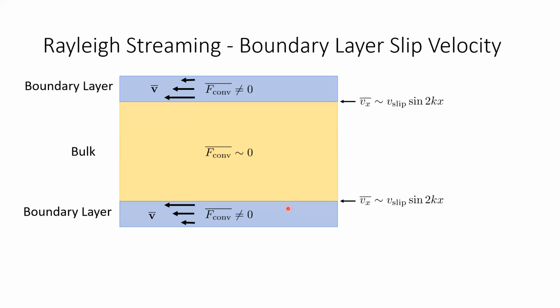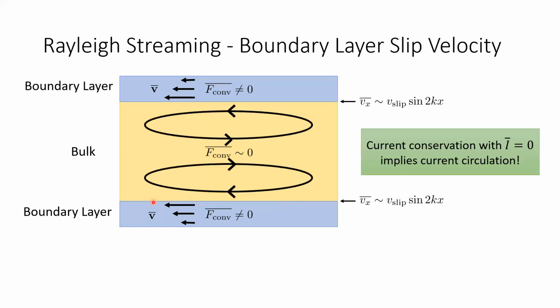So in the boundary layer region, as we've seen in the Eckart streaming section, this will lead to some net streaming flow, where on the boundary you'll have 0 to satisfy no slip, and then this velocity increases away from the boundary. And then it turns out at this interface, the velocity is going to be some v slip, some non-zero value.